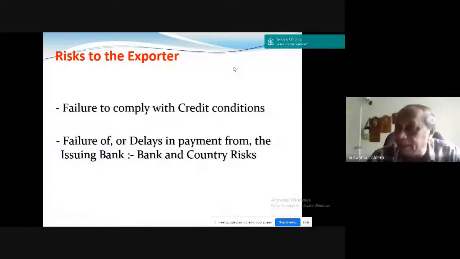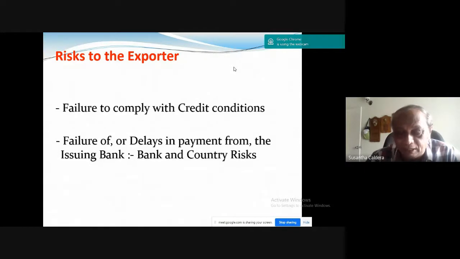Failure to comply with credit conditions. A lot of exporters, this is what is happening. They don't follow the credit conditions. They have to read, right? Failure or delays in payment from the issuing bank and countries.